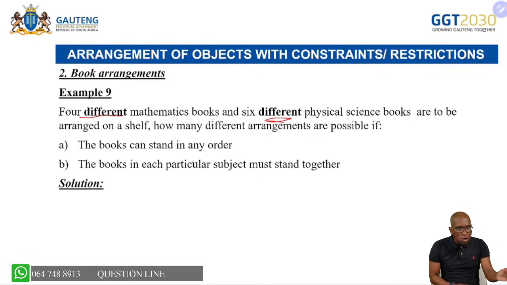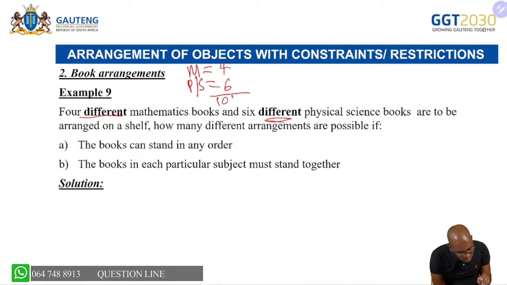But for now, we are looking at the different mathematics books and the different physical sciences books. With mathematics, we have 4 books, and with the physical sciences, we have 6 books, which means we have 10 different books to arrange.